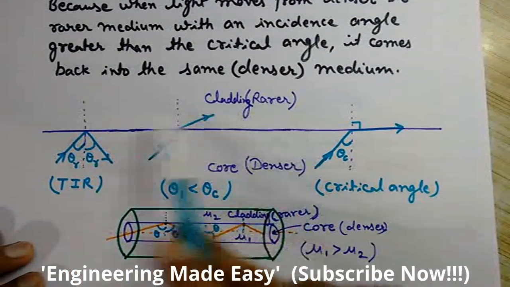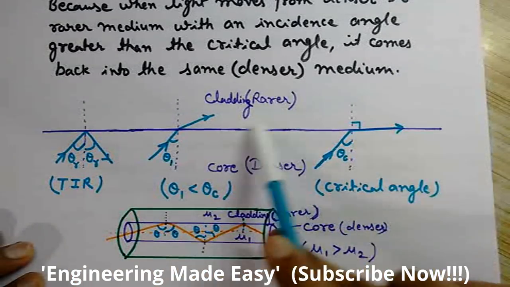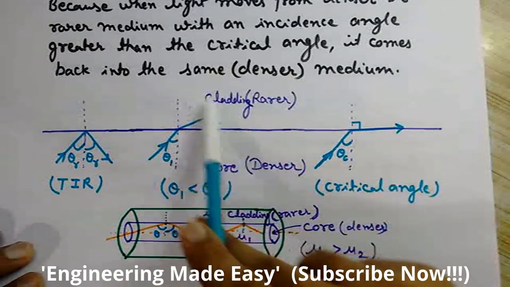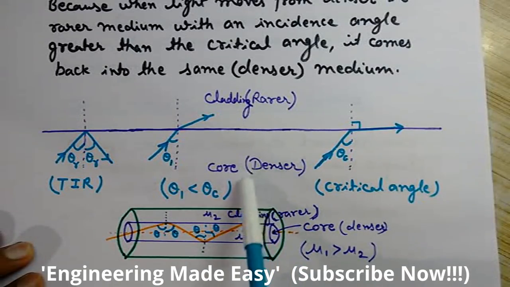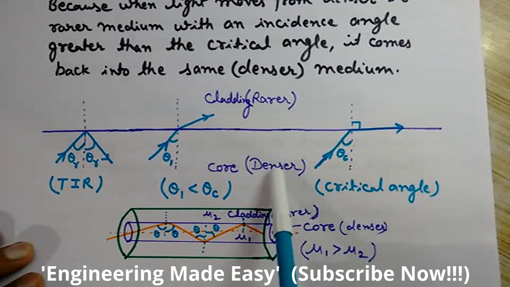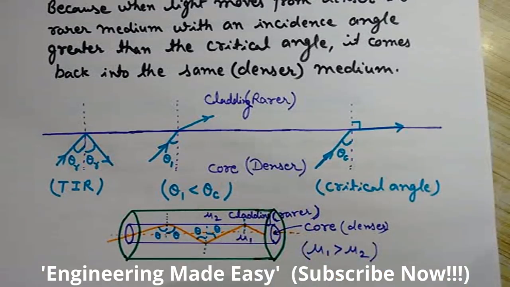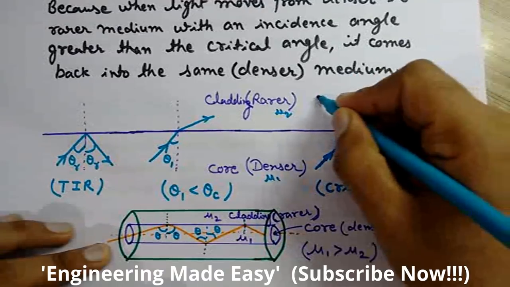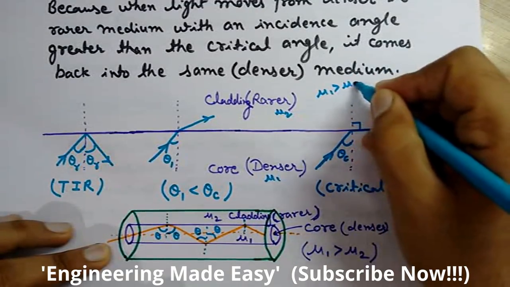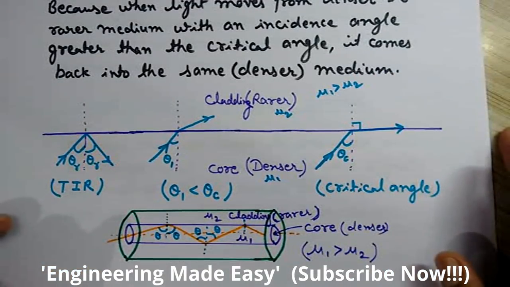Listen, suppose here it is cladding and here it is core. The core has mu1 and the cladding has mu2, and we also know that mu1 is more than mu2.